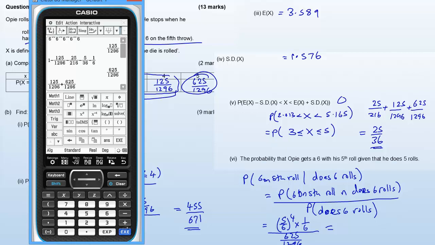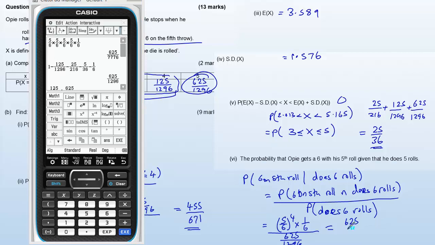So that gives me 625 over 7776, and on the bottom we have the 625 over 1296.